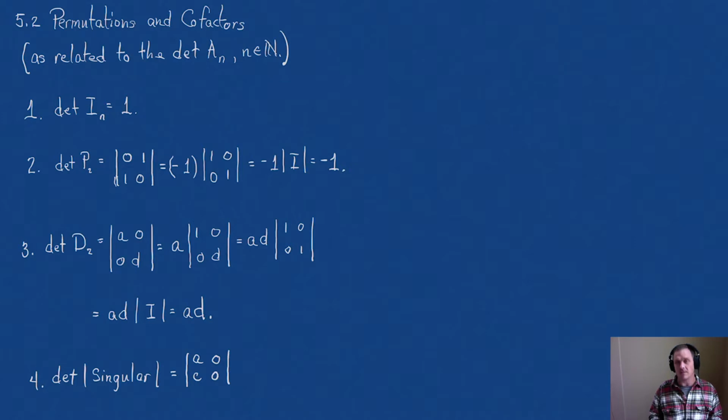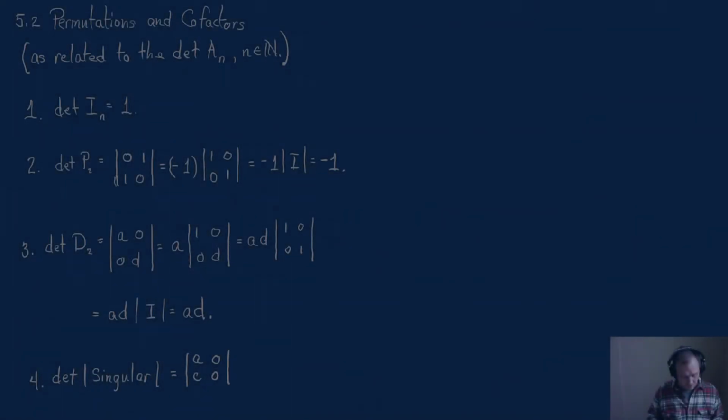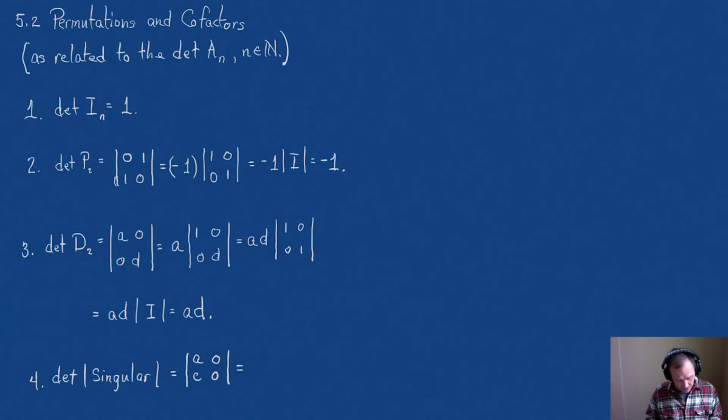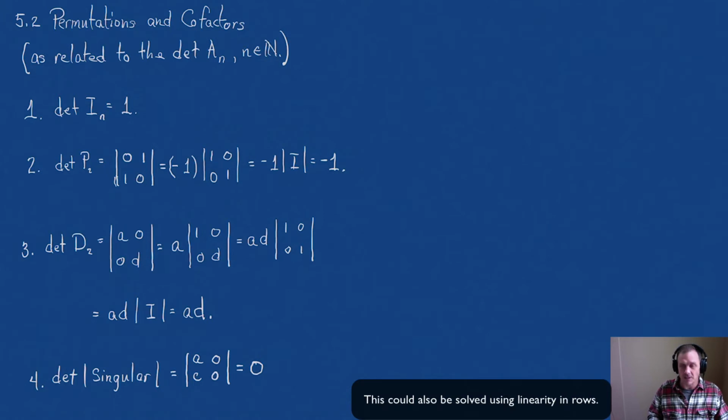You could put any multiple of A times C in here. I just multiplied by 0. When you have a dependent column, this just becomes A times 0 minus C times 0. So our definition is that the determinant of a singular matrix, that is a matrix with dependent columns, is 0.